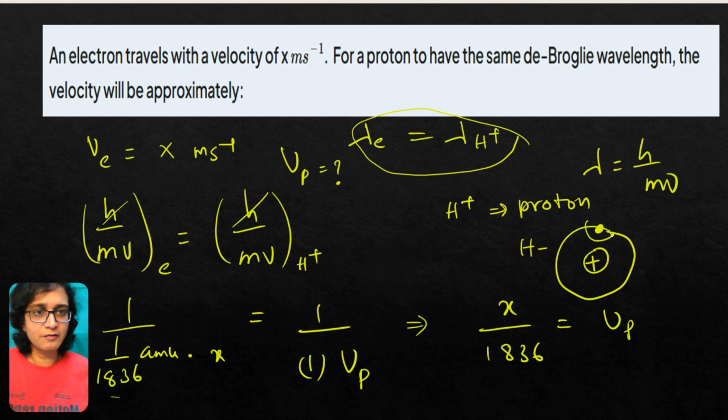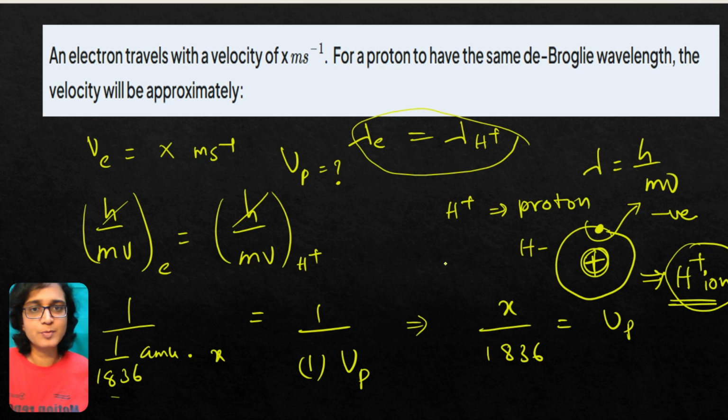After removal of one electron, one negative charge, you will get only one positive charge. That we can write as H plus ion. This H plus ion is nothing but a single proton. So H plus ion is nothing but proton.